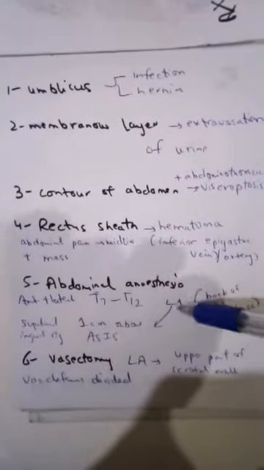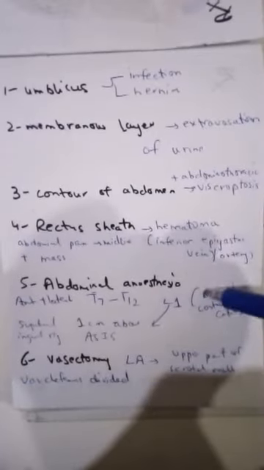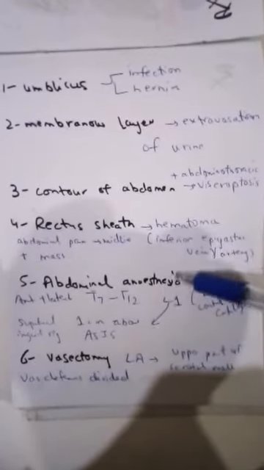For abdominal anesthesia, the nerve supply is the anterior and lateral rami of T7 to T12 and L1. The anesthesia is given from behind the costal cartilages, from the xiphoid process, which is at the level of T7, to the 10th and 11th ribs.